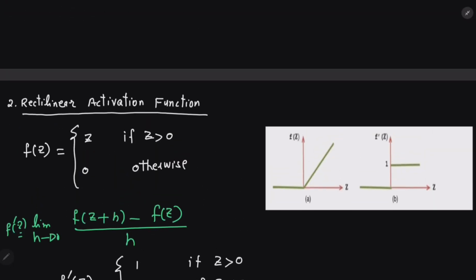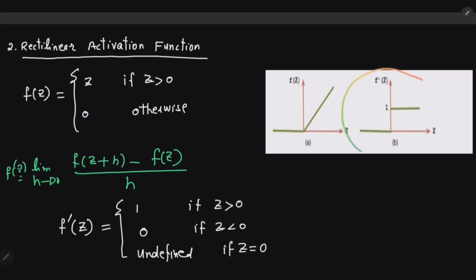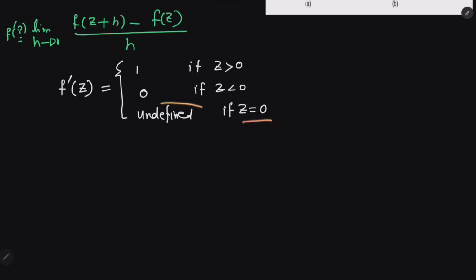As you can see, on the right hand side is a graph of the derivative function. You can see that f dash z is 1, then it is 0, and here we have a jump, which is a jump discontinuity. So for z equal to 0, the derivative is undefined.